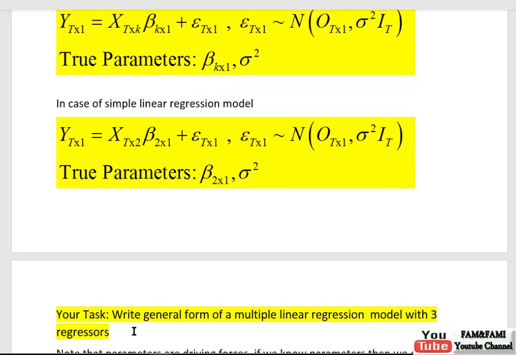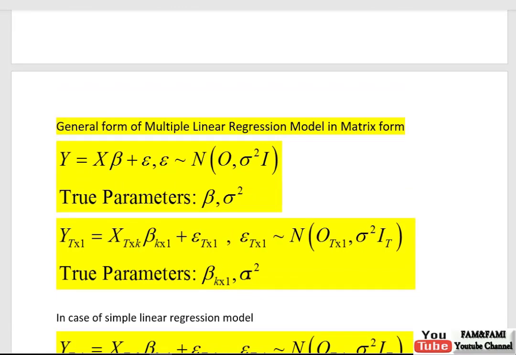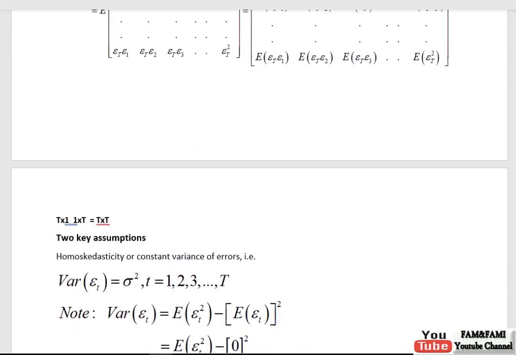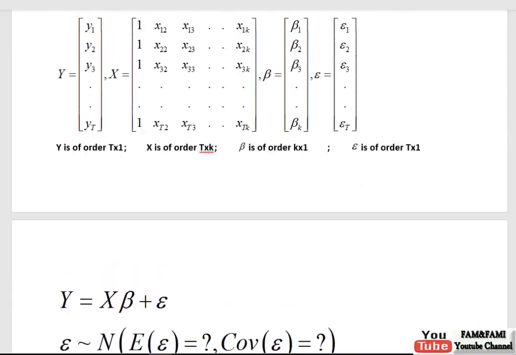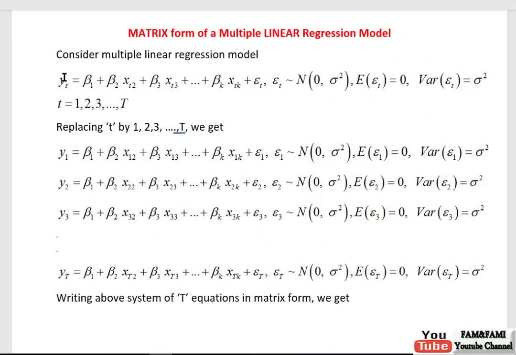With 3 regressors means now the X matrix will contain 3 columns. I'm just giving you a rough hint. So you need to write here up to x3. There will be no x4, x5, xk. So start from here, yt is equal to beta 1, beta 2 xt2, beta 3 xt3 plus epsilon.